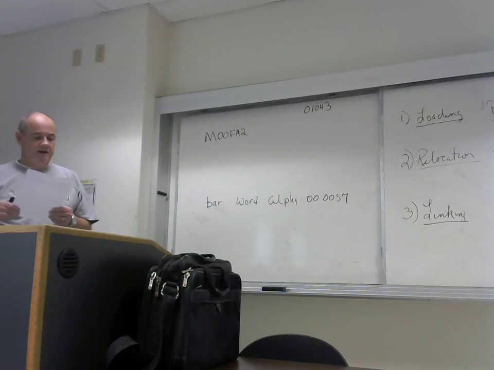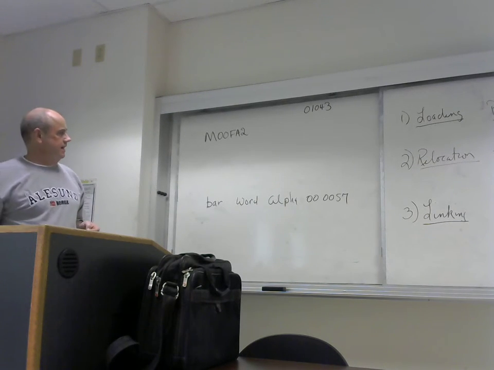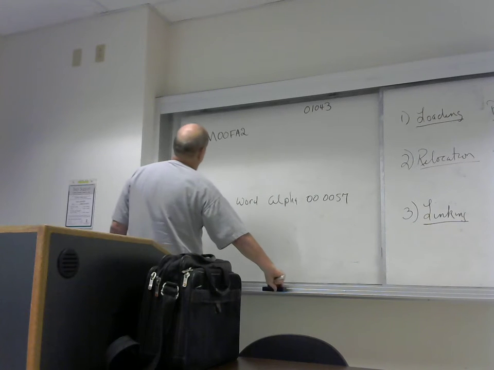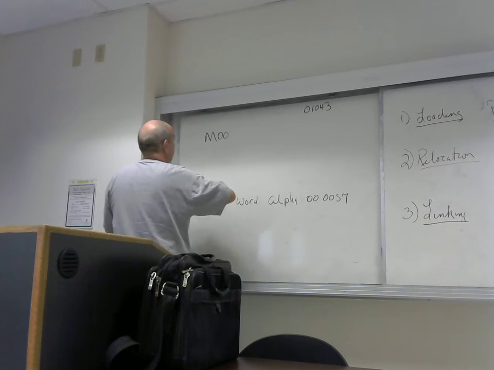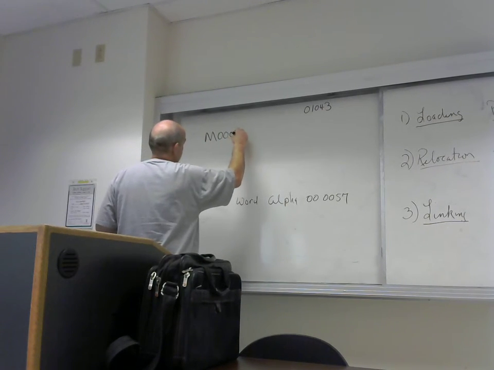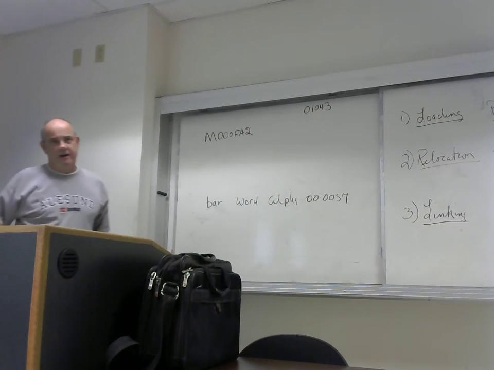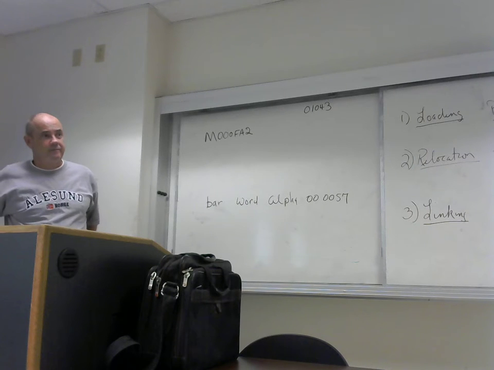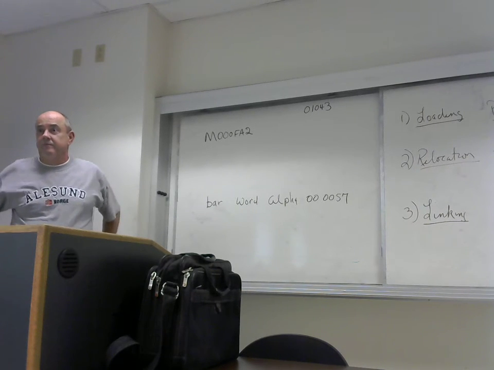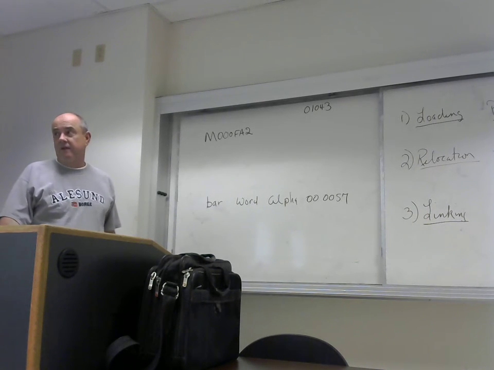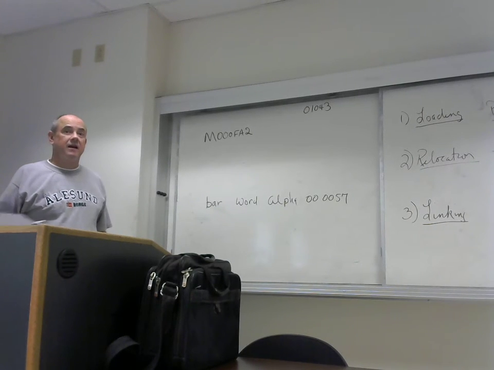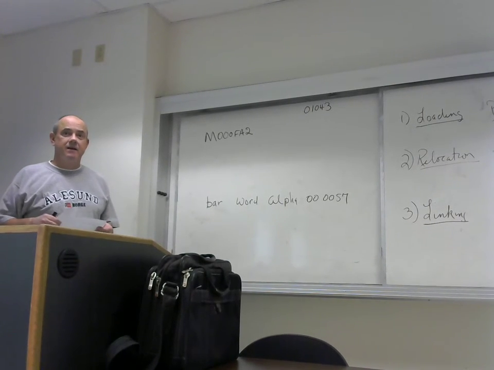So the address is 2 through 7, so that needs an extra 0. Is the address right? Yes, no, maybe.